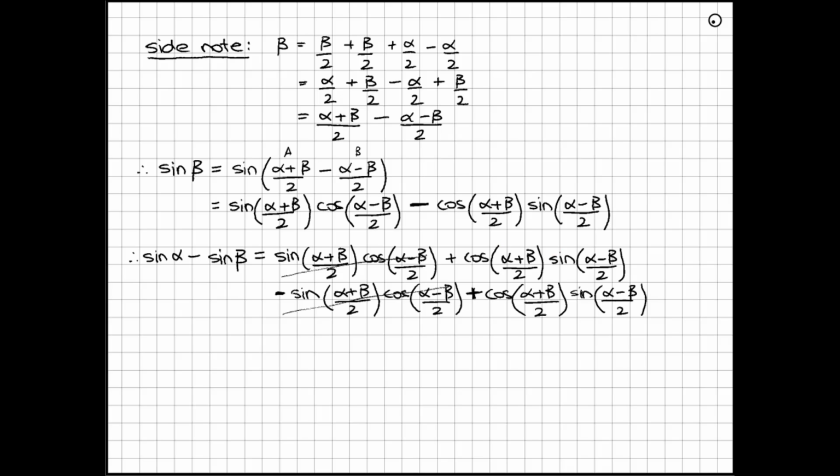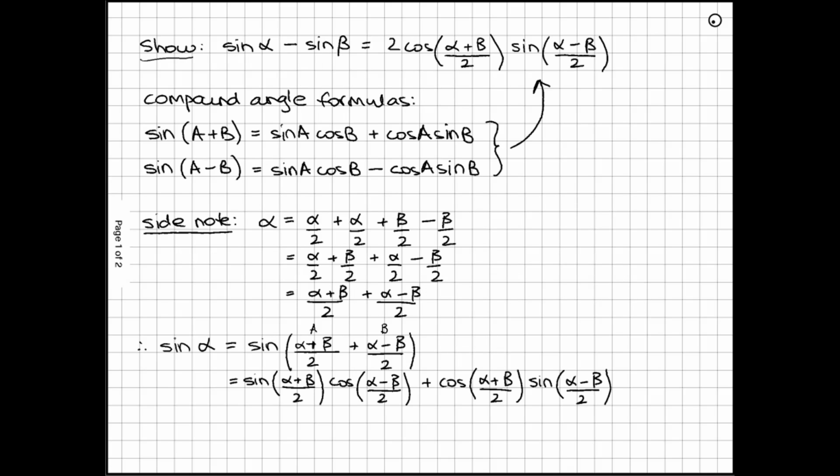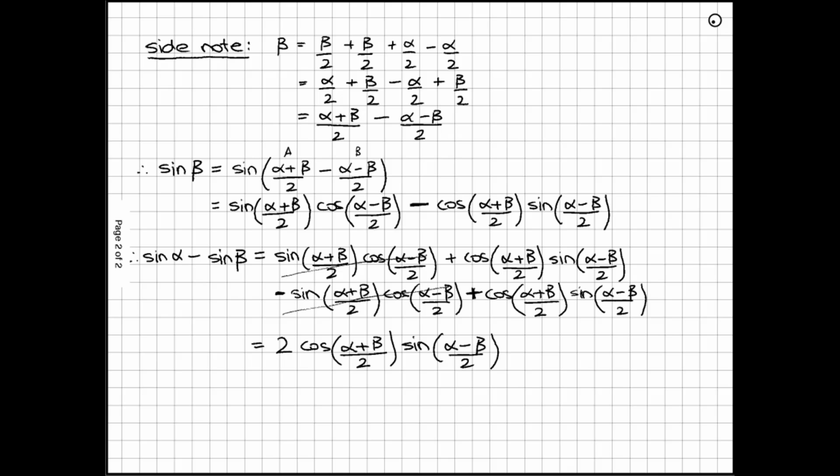So therefore sine alpha minus sine beta is equal to 2 of the cosine alpha plus beta on 2, sine alpha minus beta on 2. And if we go back to what we were trying to show, that is exactly what we were trying to show. So that is as required.